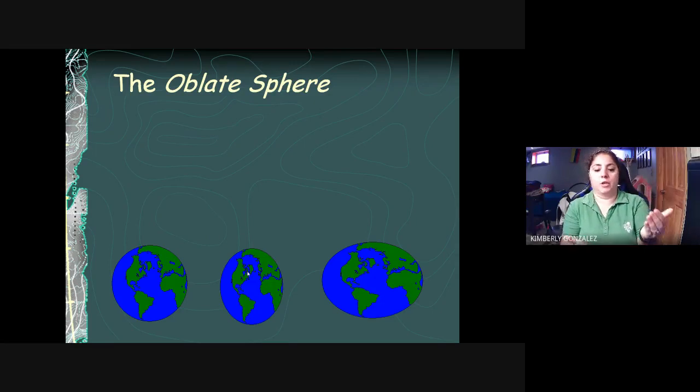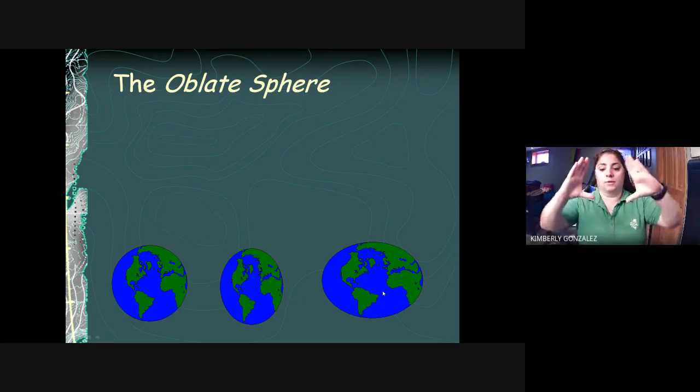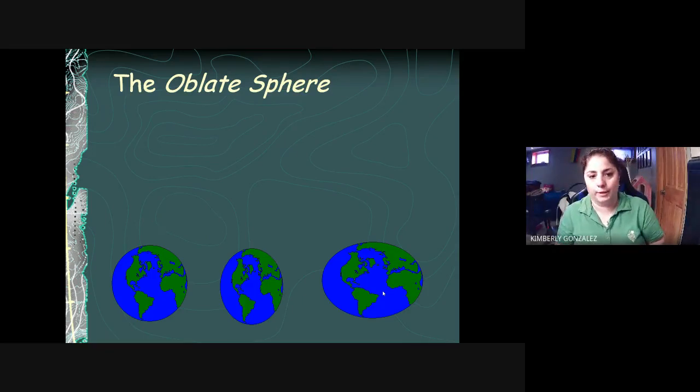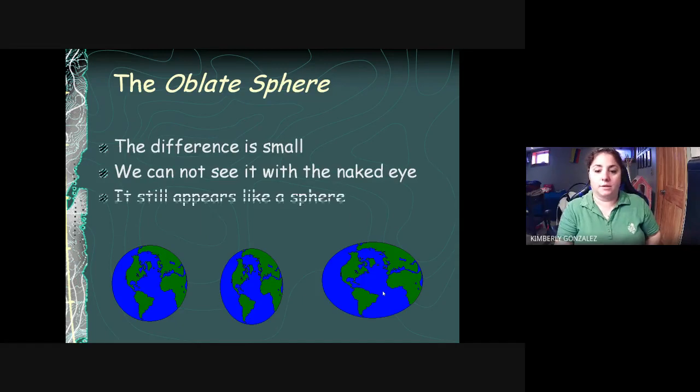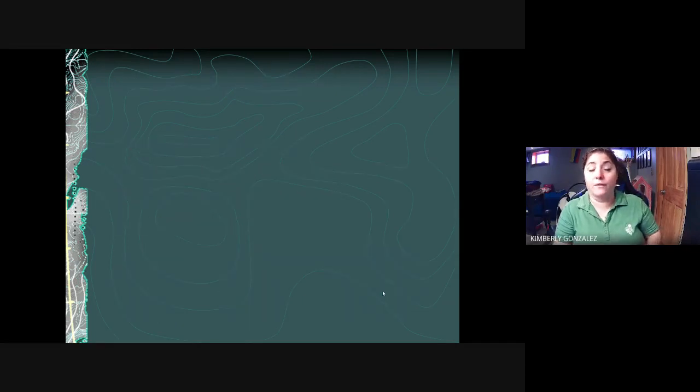Otherwise, when you're standing in New York, you could see the tip of South America, which you can't, right? You have to go all the way around, right? And in number 3, it almost looks like you have squished it down into a hamburger. That is not an oblate spheroid. It is a slight flattening. So to the naked eye, it looks perfectly round. So be very, very careful about that, guys.